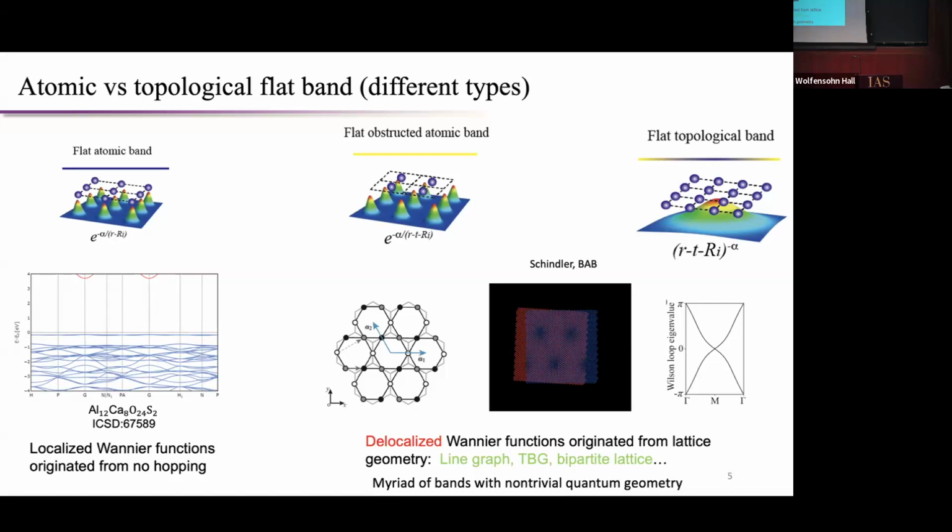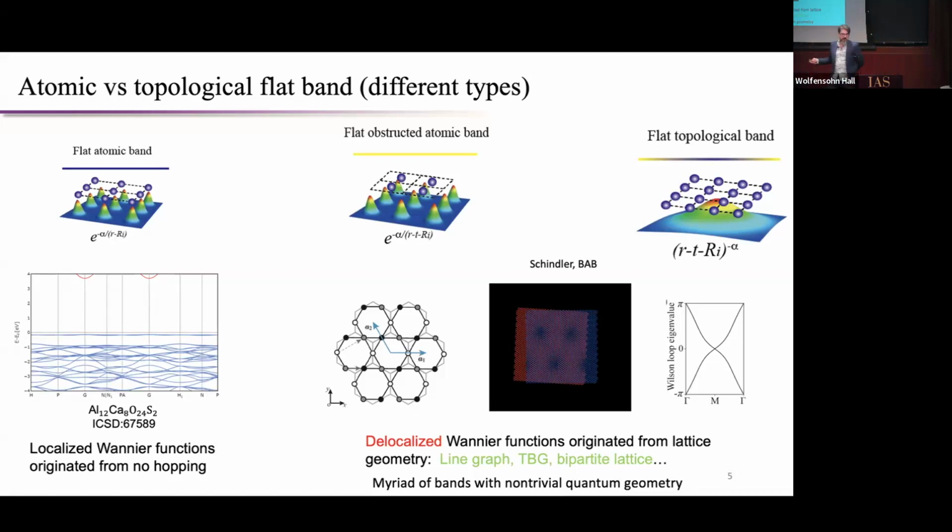What happens in this compound is you have some layers which are very close together, whose atoms' electrons give you this dispersion, and then you have some atoms away from those layers whose electrons give you this localized state. This is not very interesting, at least for the purposes of what we're going to say today. It's very interesting for other purposes, because again, you can do Hubbard model simulators, but for the purposes of today, it's not interesting because it's a localized wave function.